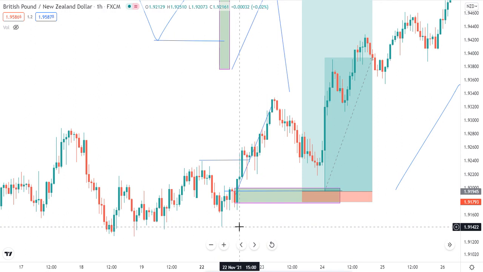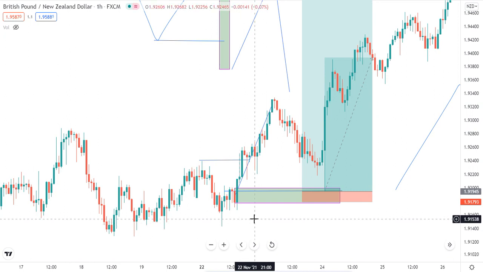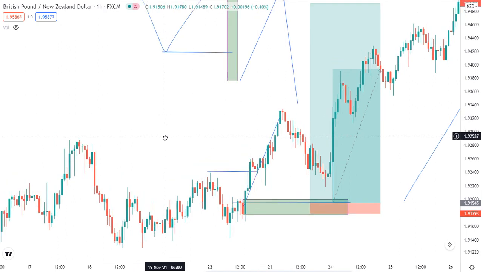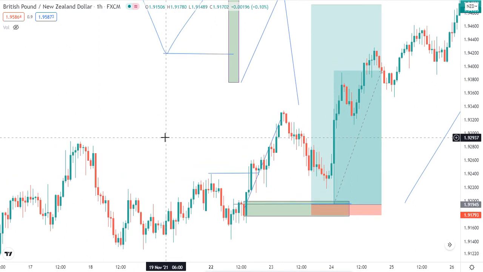So guys, what I can tell you is that you have to know the order blocks and understand the order blocks, and you have to know which are tradable order blocks and which are not tradable. If I could summarize further, an order block is an area in the market where large orders are being filled at a particular price, followed by a large impulsive move that breaks structure. And that's correct.